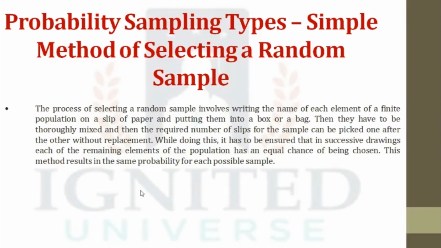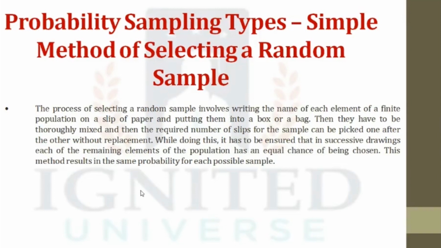Then, if we randomly select a number and keep it out as a sample, this is called simple random sampling. Usually, the population that we consider has a very large size, or a size which approaches infinity. So when we are selecting a sample from that population, each and every unit has equal chances of getting selected.